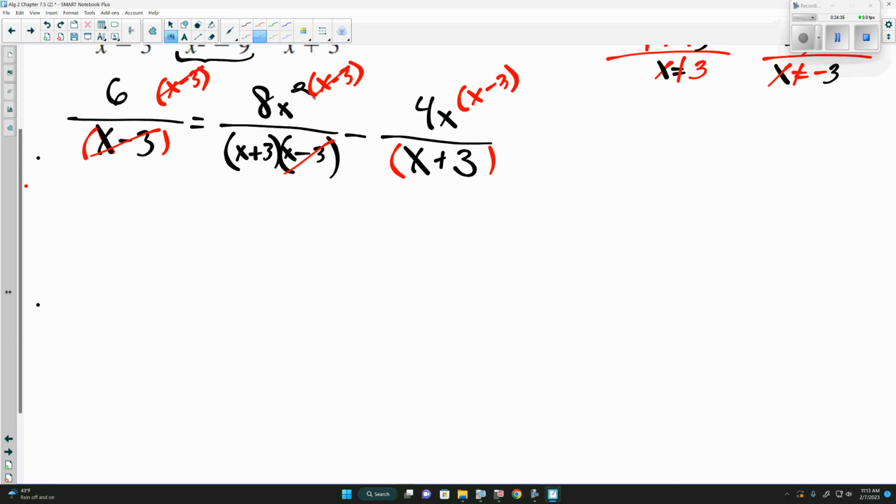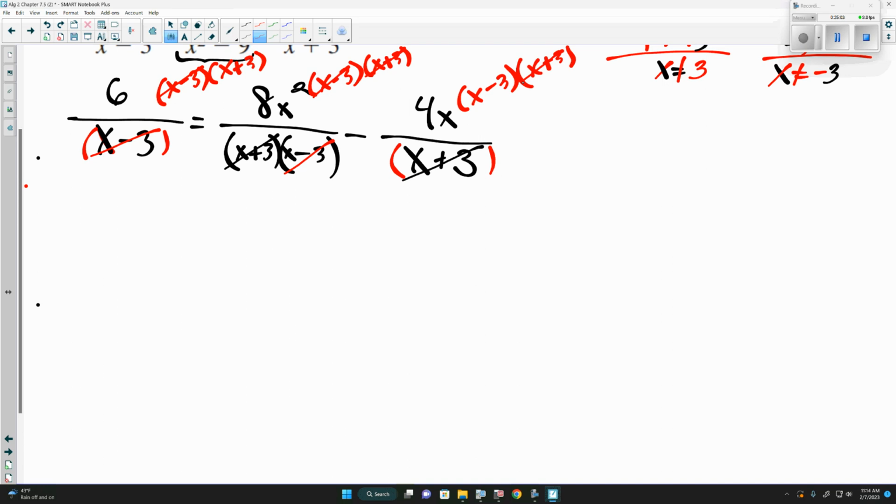And the last one does not, because x minus 3 and x plus 3 are not the same. Now for the first one, that one won't simplify, but the middle, the x plus 3 and x plus 3 will cancel. And then the last one, x plus 3 and x plus 3 will cancel.